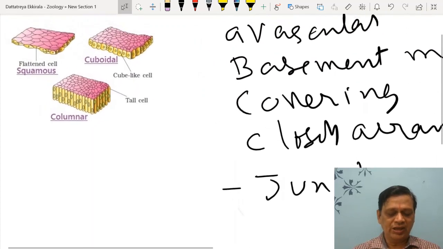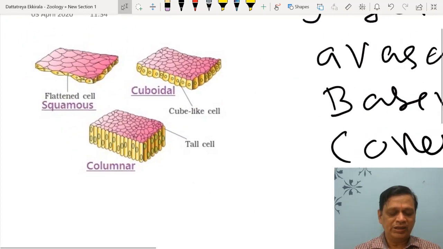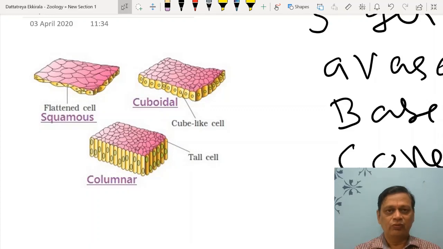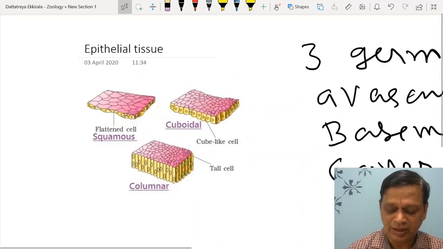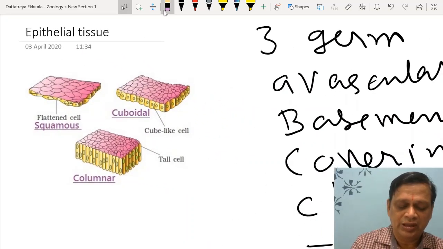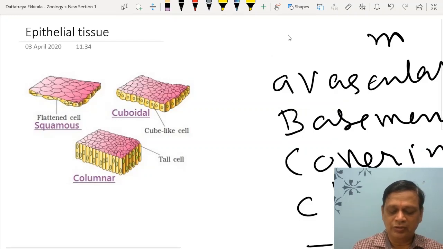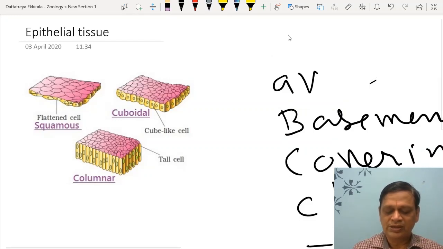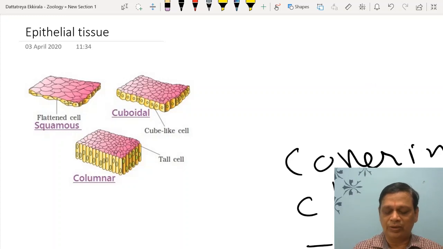But structurally, you observe there will be three basic types: squamous, cuboidal, and columnar. Thin flat cells are squamous. Cube-like cells with all sides equal are cuboidal. Tall pillar-like cells we can call columnar. So that is three basic types. But we can say the epithelial tissue can also be differentiated into simple epithelium and compound epithelium.